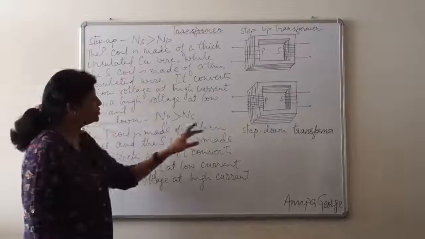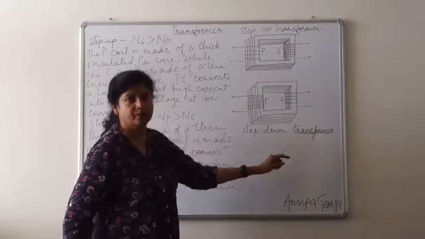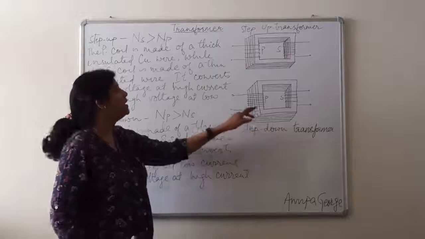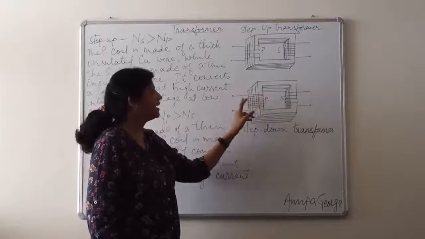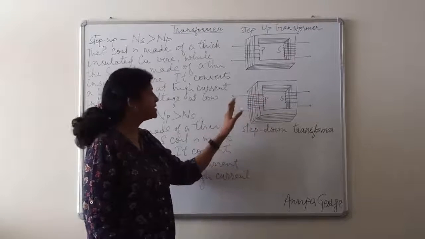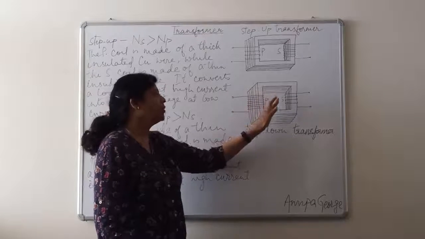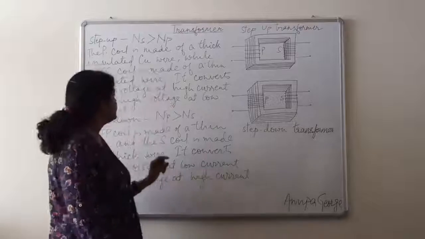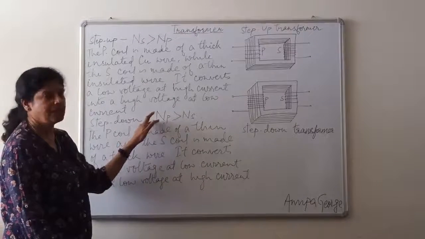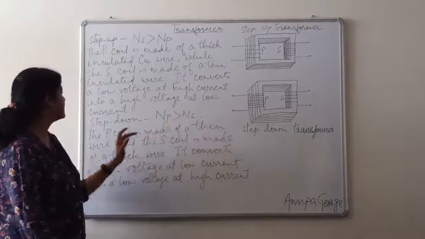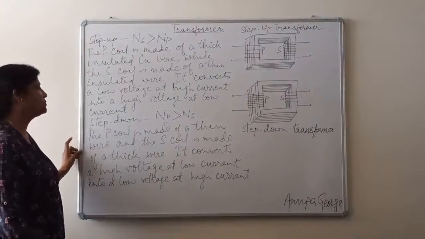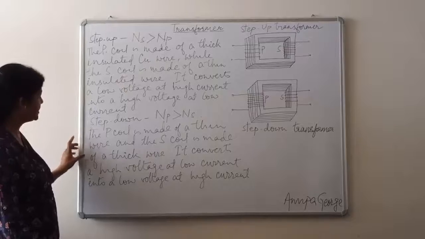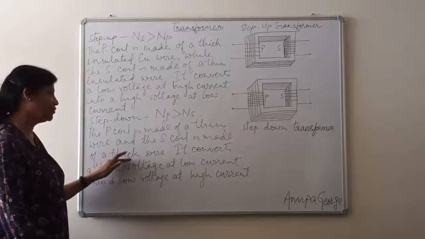Now come to step down transformer. In case of step down transformer, number of turns in primary coil is more than number of turns in secondary coil. Mathematically, we can write Np more than Ns. The primary coil is made of a thin wire and the secondary coil is made of a thick wire.